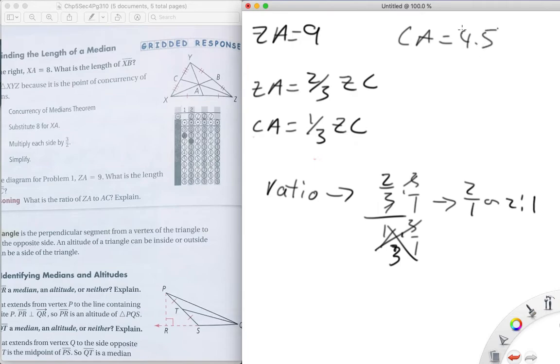And that would make sense because we said it was 27 over 2, and 27 over 2 is equal to 13.5, which is 4.5 plus 9. So that makes sense. Okay.